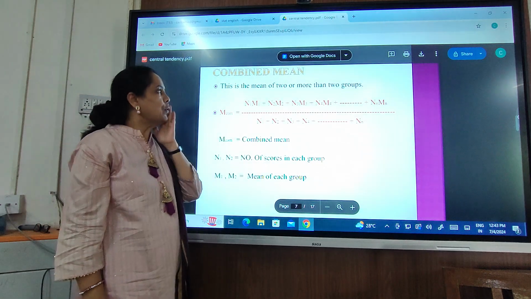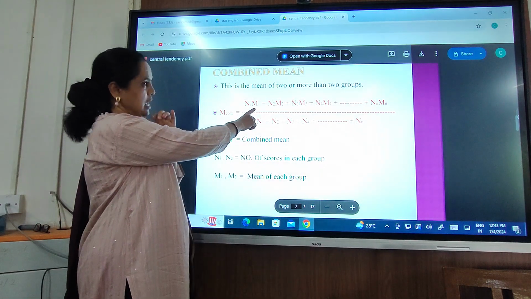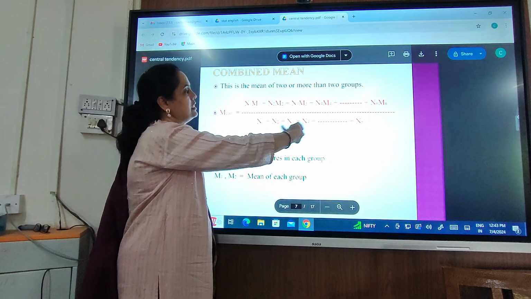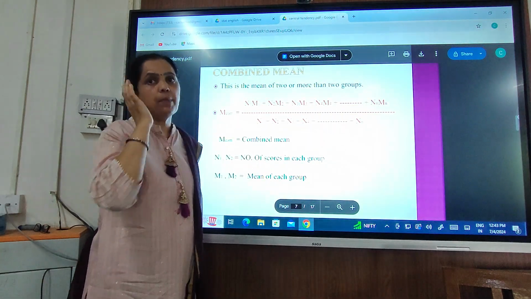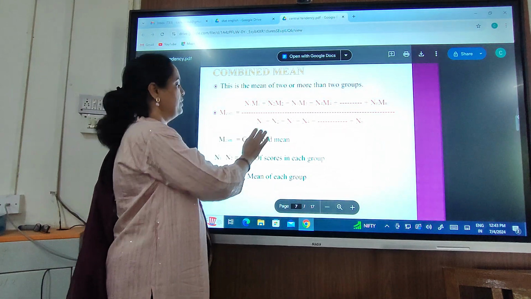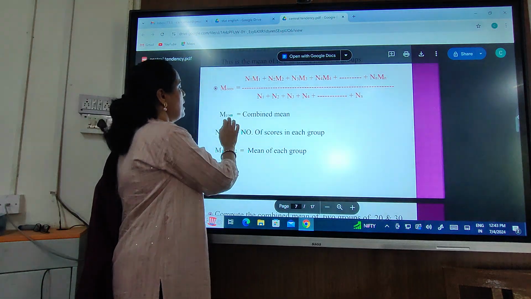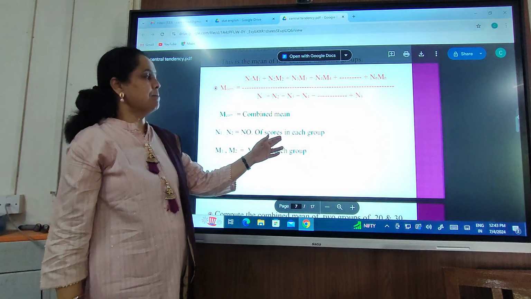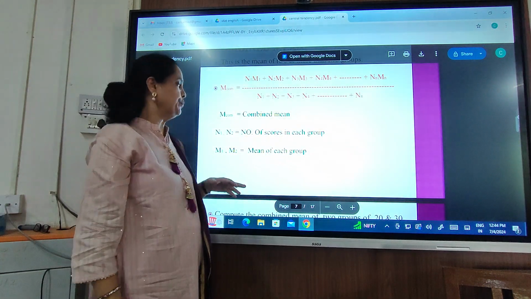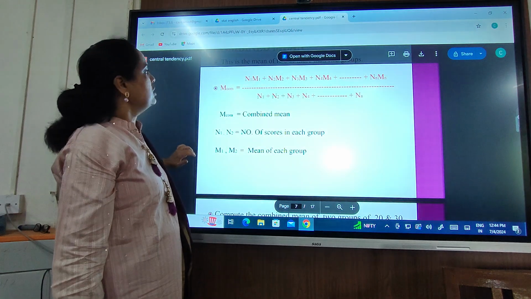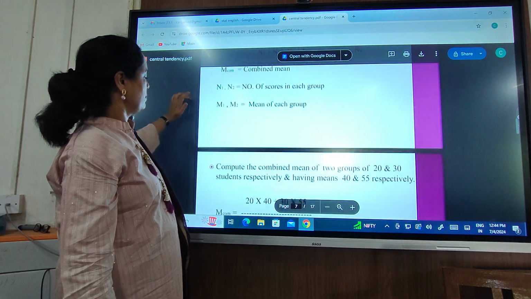The formula for this is N1 M1 plus N2 M2, likewise, divided by the number of scores in those groups, N1 plus N2, like this. M-com is the combined mean, N1, N2 are the number of scores in each group, M1, M2 is the mean of each group.